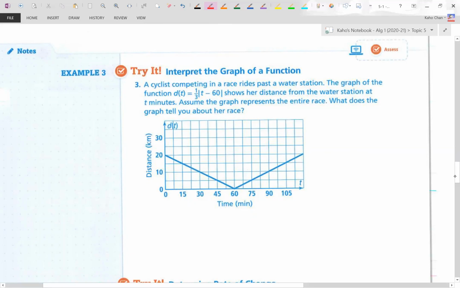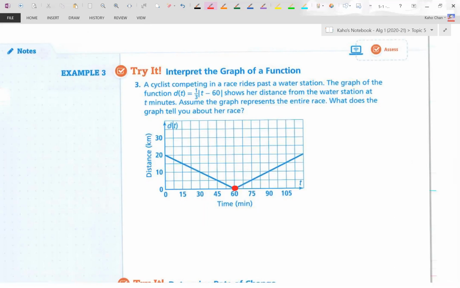So we know from the opener this morning that relative to the water station, or the waterfall, actually this is a water station, the vertex describes how everything culminates. So let's just focus on the vertex of this particular graph right there at 60 minutes. Okay, so that's 60 minutes along the time.